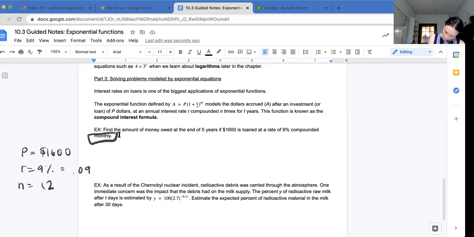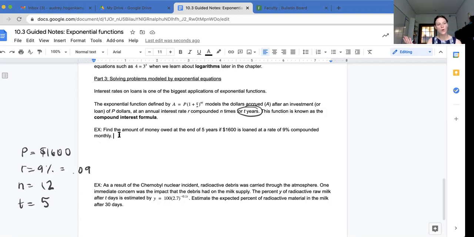Our last value is T, the duration of the loan, which in this case is 5 years. So we have all of the variables except for A, the amount of money owed or accrued. Accrued basically just means collected.